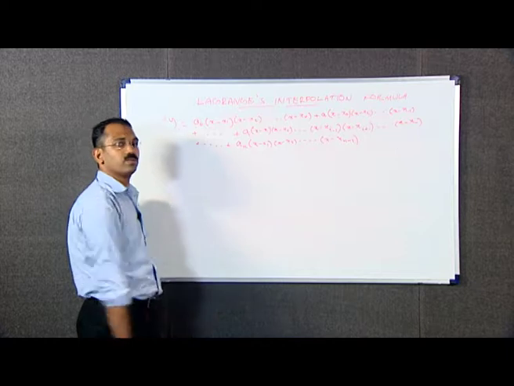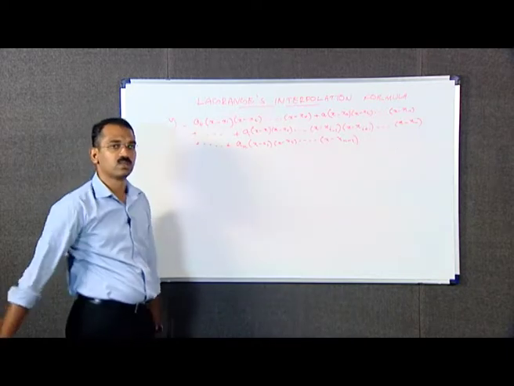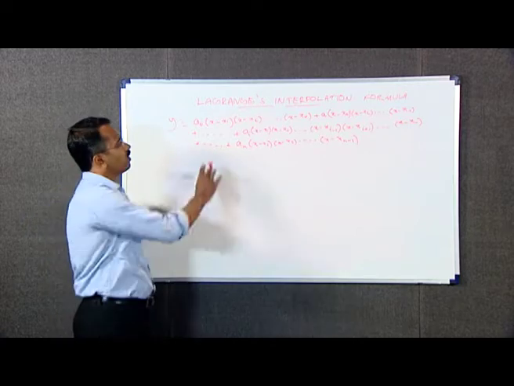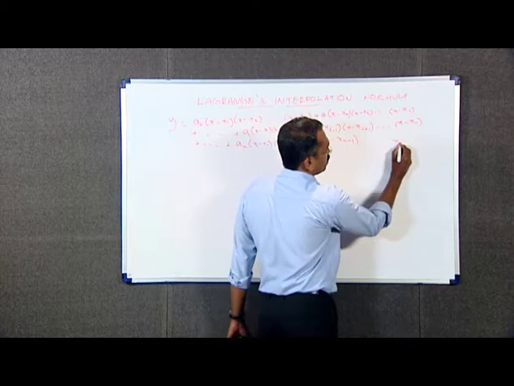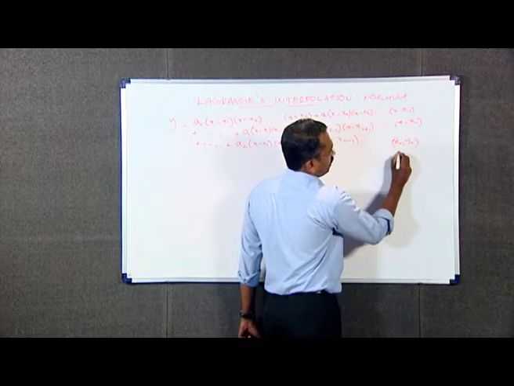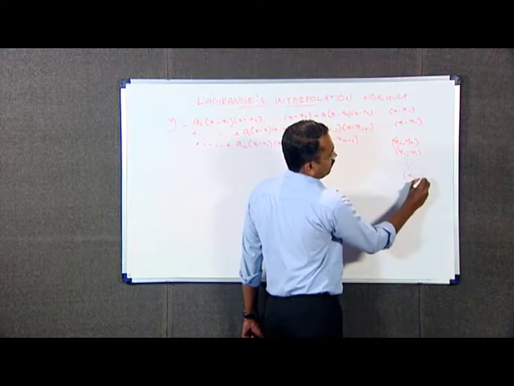Here n plus 1 points are given, therefore, we can write the function like this. This is satisfied for the pairs (x0, y0), (x1, y1), etc., (xn, yn).